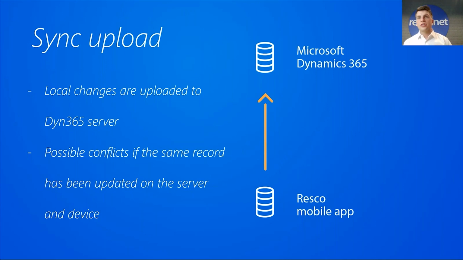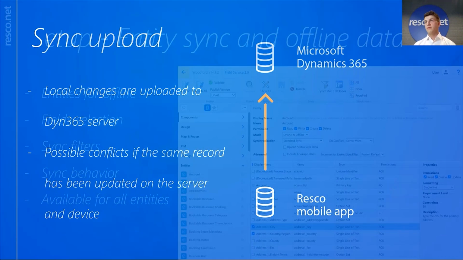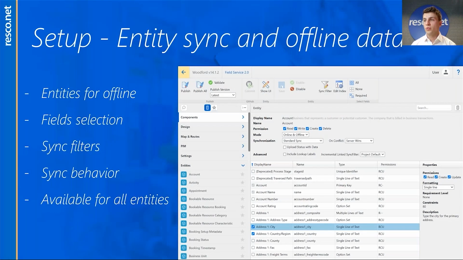This is basically just a screenshot of how the sync configuration and offline data for an entity looks like in our configuration tool Woodford, and I will talk maybe more about this in the demo, so you could see that in action. Just a few words here.